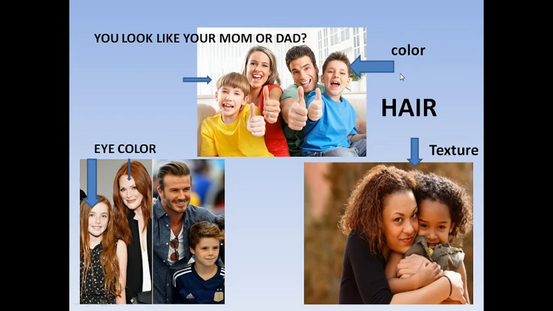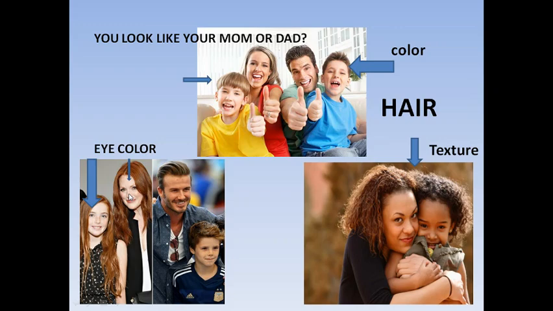So here the color of hair is a character, whereas the type of the color, that is blonde and black, is a trait.